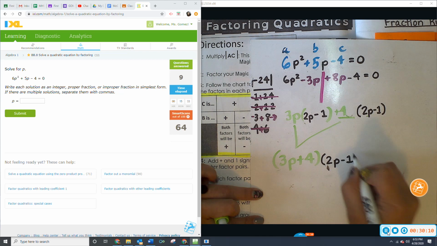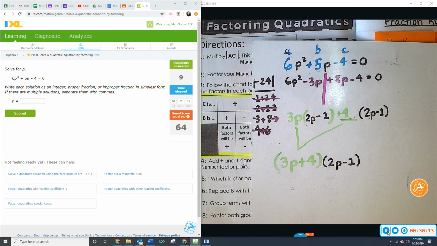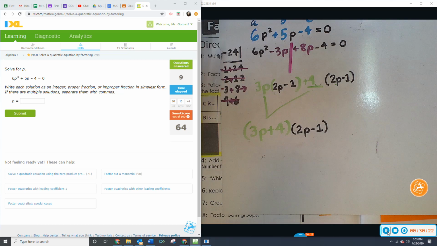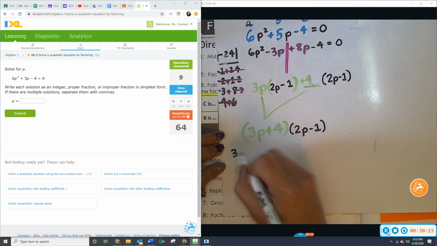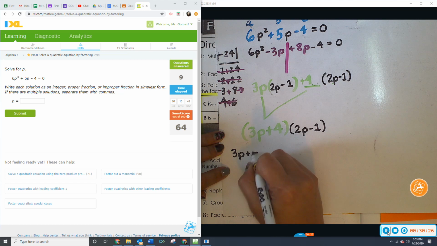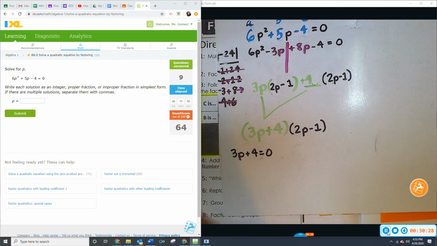All right, now this one was a little bit harder, and that was just the first part. You now have to solve. So 3p plus 4 is equal to 0. Do the exact same steps here.